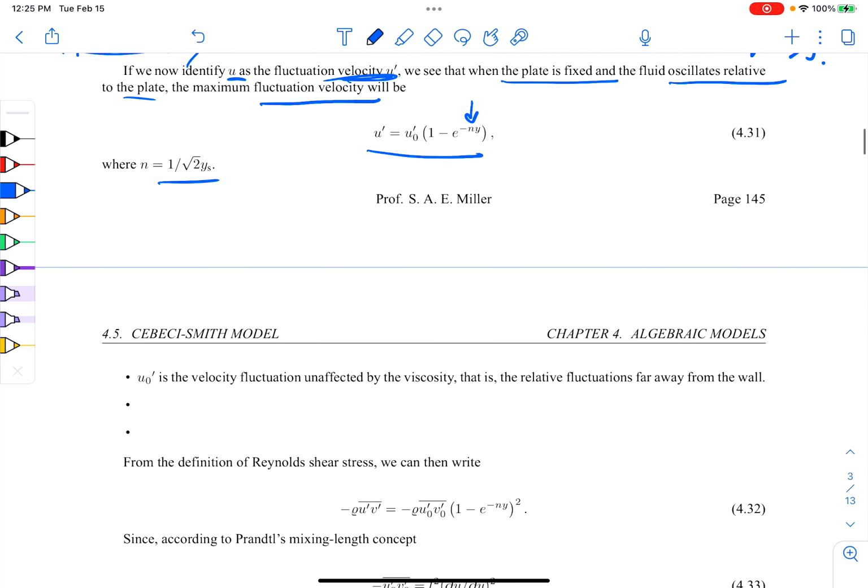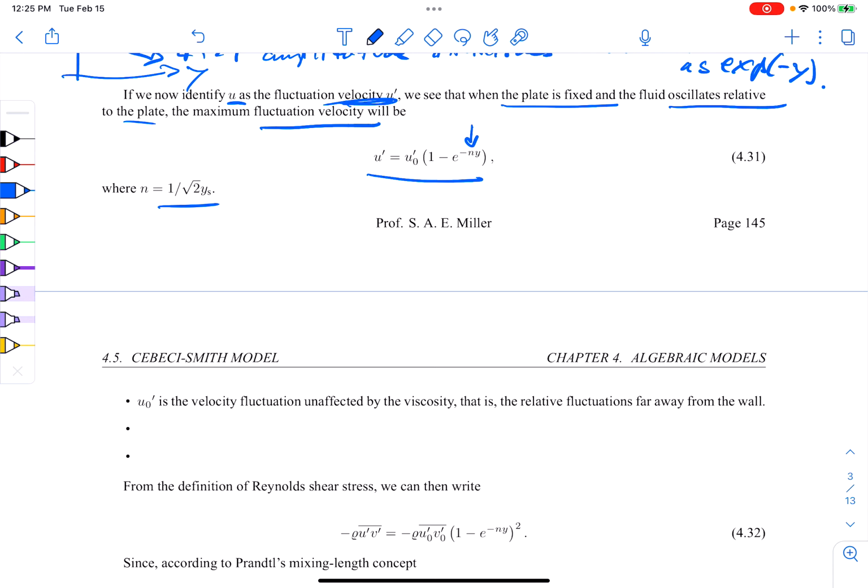So some notes about that little point. Once again, u naught is a velocity fluctuation that's independent of the viscosity. There's no viscosity term anywhere on the right-hand side of 4.31. That also means that fluctuations far from the wall are not affected by viscosity, which makes sense because near the wall, viscous forces dominate, and far from the wall, they really don't matter.